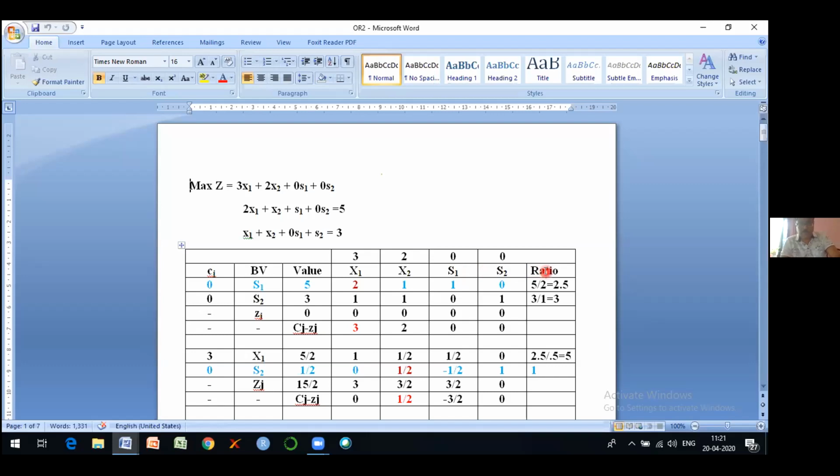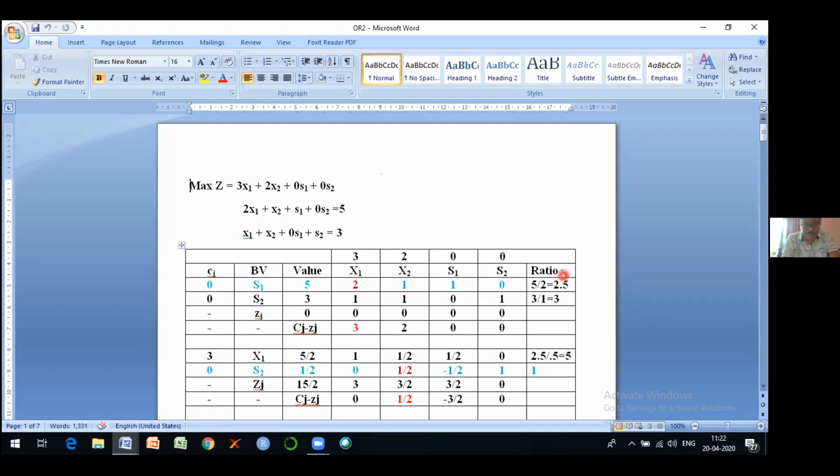If you have a copy with you, you can practice right now, otherwise you will forget everything. In your copy, write Cj, basic variable, value, x1, x2, s1, s2, ratio.